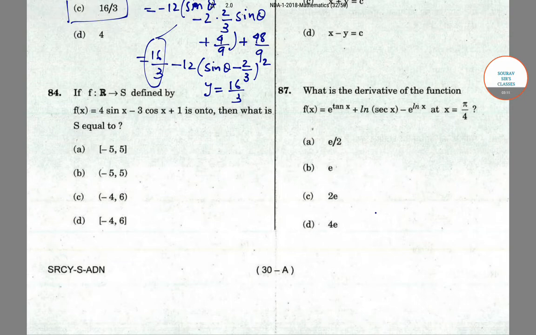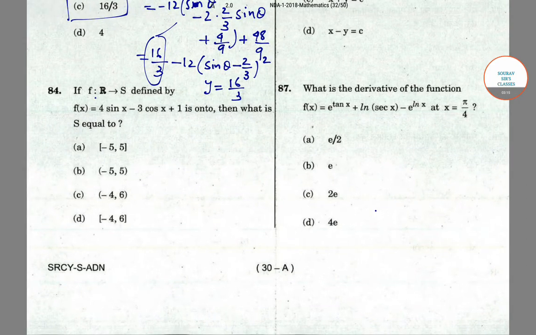In question number 84, it is given a function R tends to S defined by f of x equals 4 sin x minus 3 cos x plus 1 is onto, then what is S equal to? So we have to solve this question.